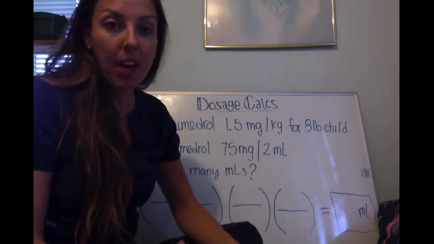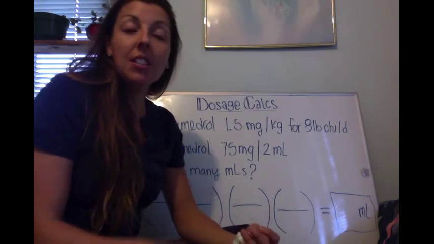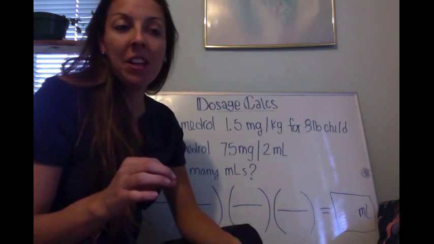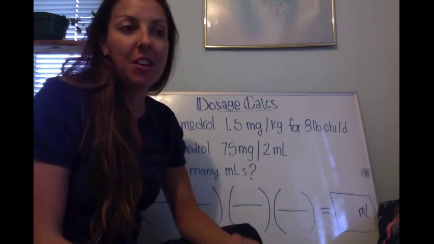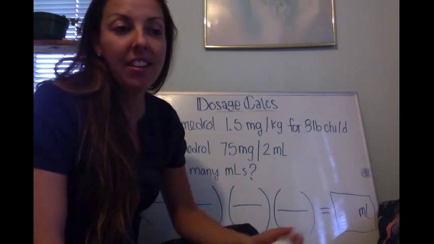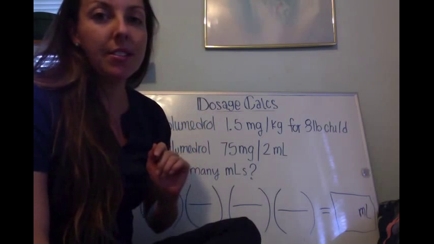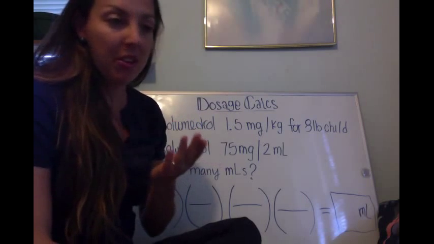Usually it goes by weight. Another thing is that you often have small vials, 1 milliliter or 2 milliliter vials that have a certain amount of milligrams of a medication in it. And so you'll be doing that type of calculation a lot. So this example has both of those.